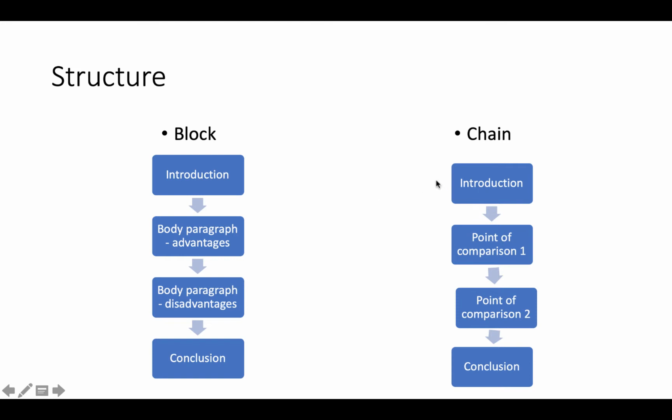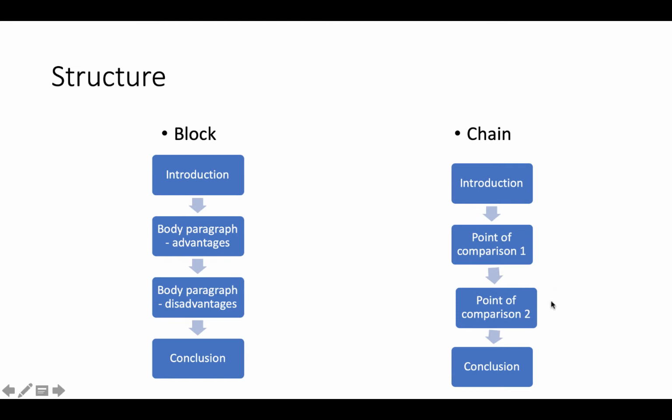Just to let you know, there is another way you can do it, which is the chain method, which we've not looked at so far in these videos. So again, you've got your introduction first, you've got a point of comparison. So for example, for driverless cars and conventional cars, maybe it's something like safety here. Then you would talk about both driverless cars and conventional cars, the advantages and disadvantages with regards to safety.